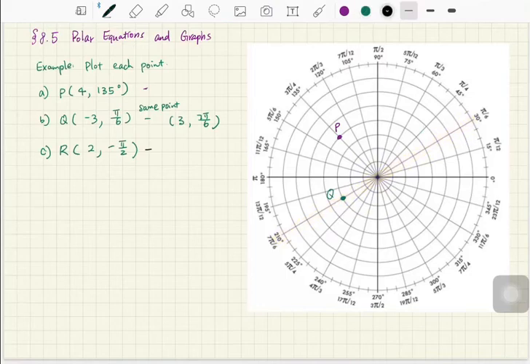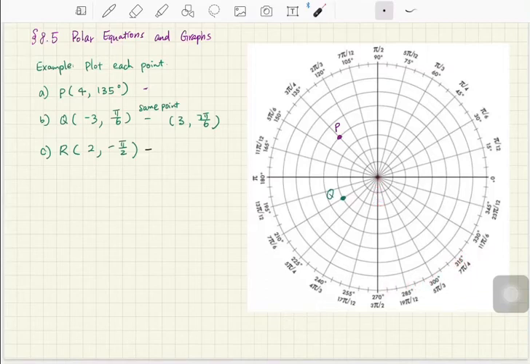Okay, then the last one, we have radius r equal to 2, and the angle is negative pi over 2. As we talked about with angles before, going counterclockwise is a positive angle, going clockwise is a negative angle. So (2, negative pi over 2), we can think of as negative pi over 2 with positive 2.